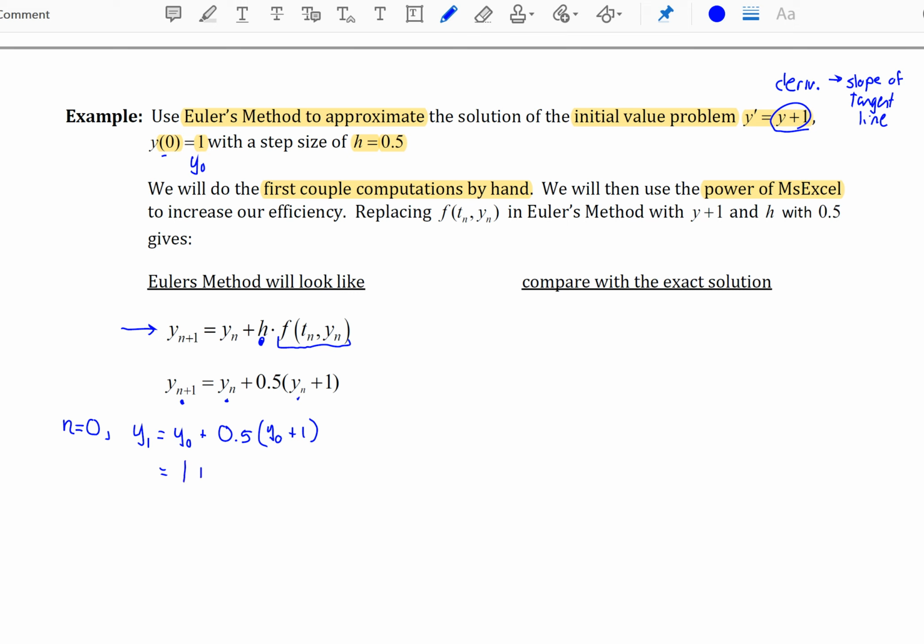So 1 plus 0.5 times 1 plus 1. And if you simplify this, you should get 2.